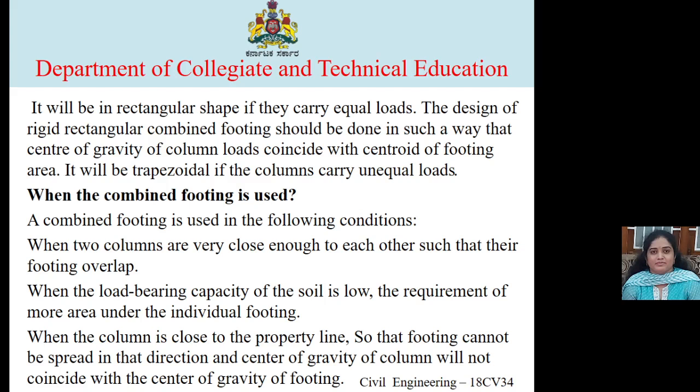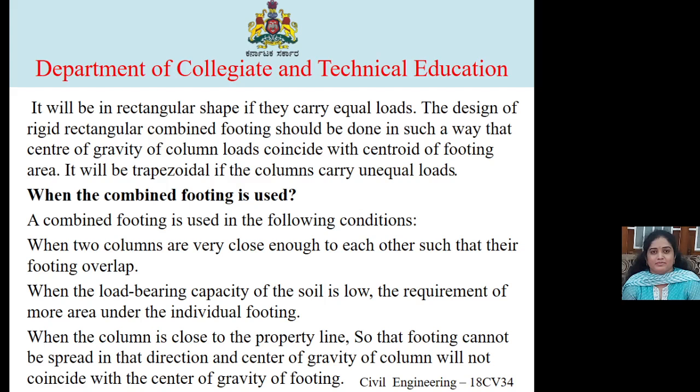So when is a combined footing used? A combined footing is used in the following conditions. First, when two columns are very close to each other such that their footings overlap.